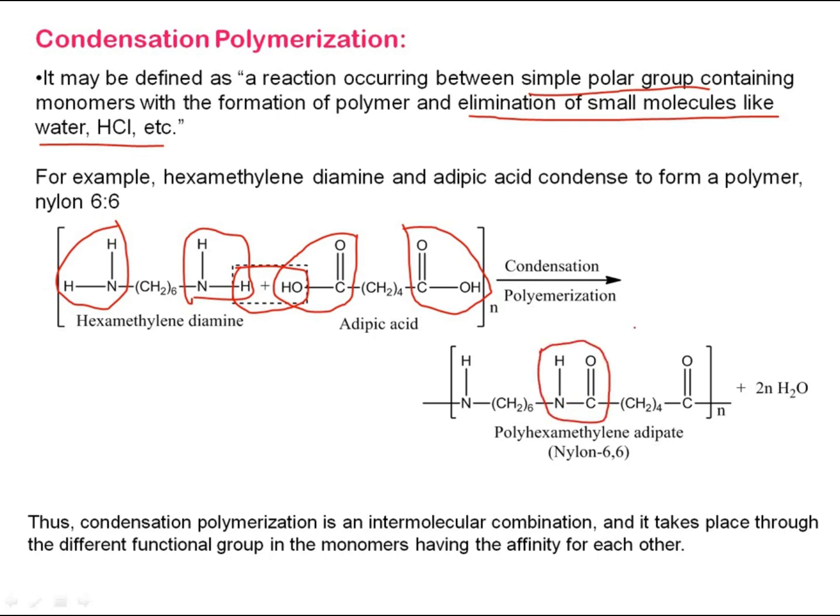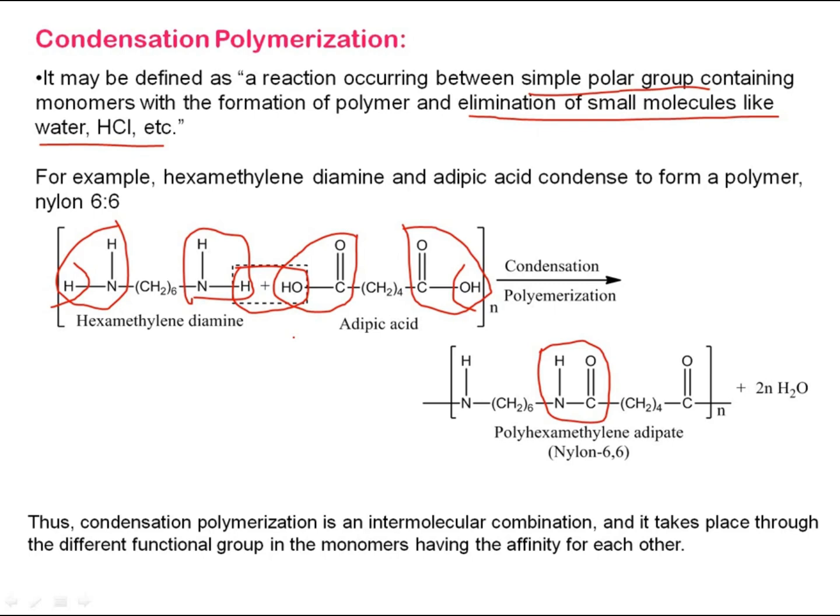So amide bond, in this way this hydroxyl group is eliminated, and also this hydrogen is eliminated and attached to the adjacent carboxyl group, and the hydroxyl group is attached to the adjacent amine group. In this way a condensation polymerization occurs.